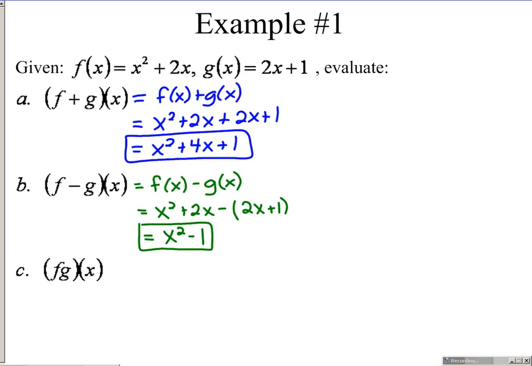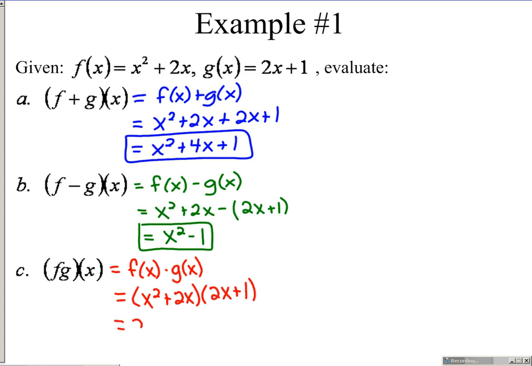Part C, f times g of x, remember, is just f of x times g of x. So I'm going to take x squared plus 2x, multiply it by 2x plus 1. We need to FOIL this out.